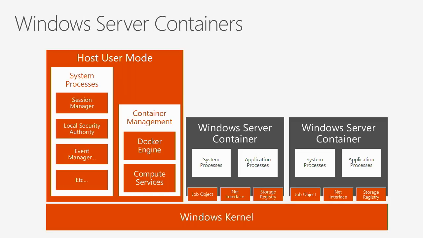So from an architectural point of view, what does this look like? If we have this diagram, which is kind of what Windows Server containers look like, we have our Windows kernel, we have our management components, and then we have these silos with job objects, the network interface, the storage, and the processes running on top of it.